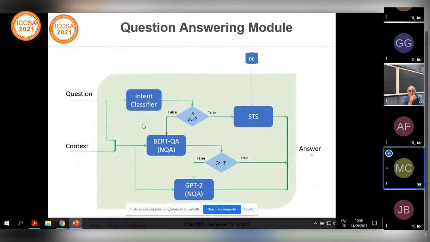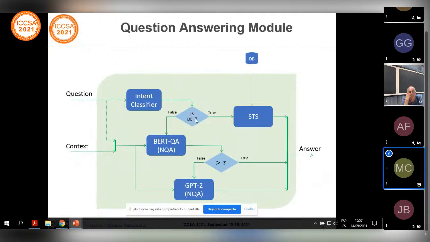Now we come to one of our main models. This continues our green flow, where we have our inputs, the question, the context selected by the information retrieval model, and the database. In the first instance, as we mentioned, most of the questions are definitions. So we train a model to identify whether or not it is a definition. If it is, it will look for the most semantically similar definition from our database.